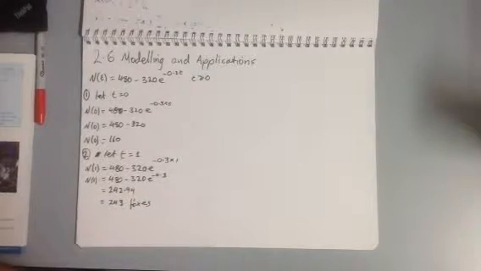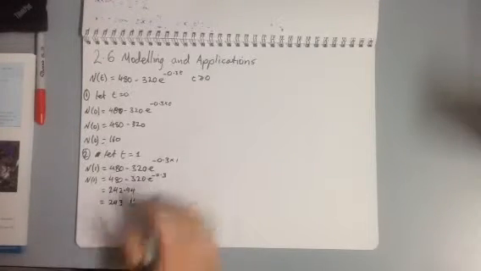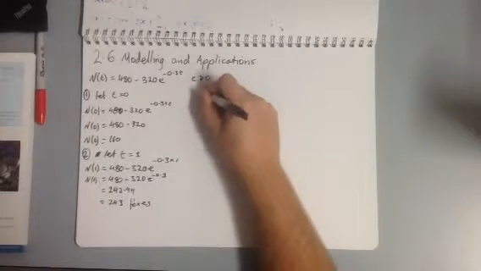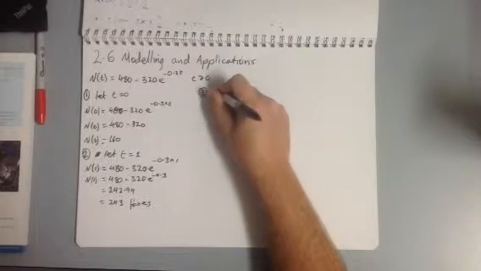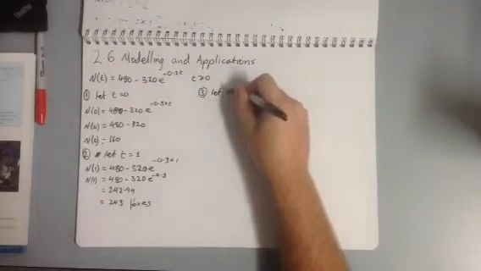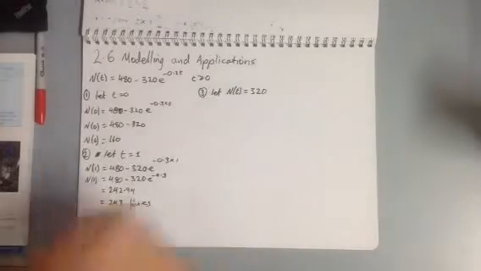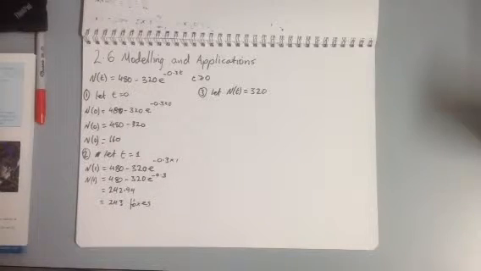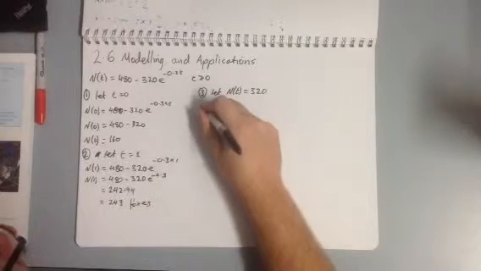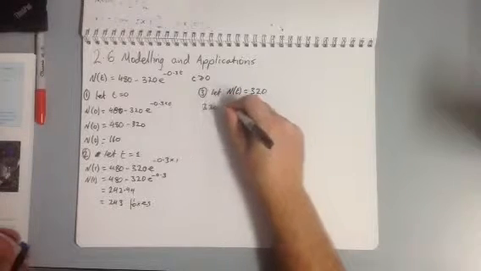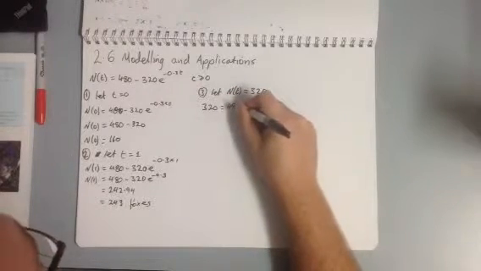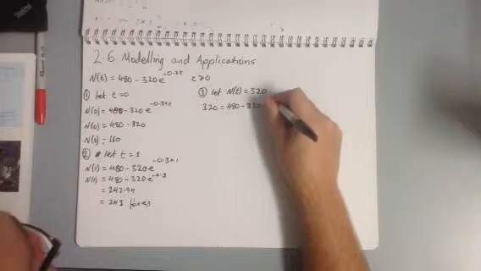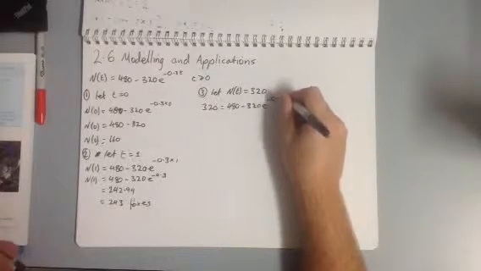Our next part is, after how many months does the model predict the number of foxes would double its initial population? We're going to double our initial population, so this time we're letting n of t equal 320, because our initial population was 160. Now we want to find out how long it takes to get to 320. So we've got 320 equals 480 minus 320 e to the negative 0.3 t.